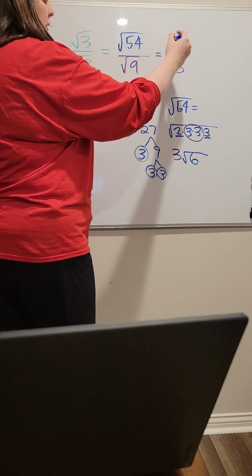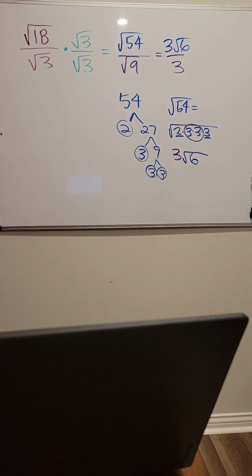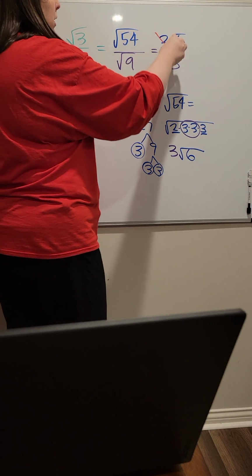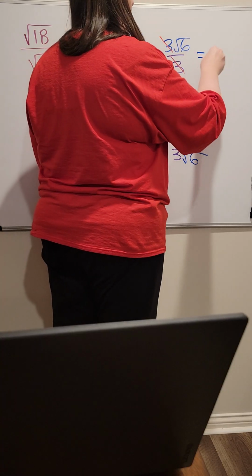So the square root of 54 became 3 square root of 6. And finally, for the last step, 3 and 3 cancel, and so your final answer is just the square root of 6.